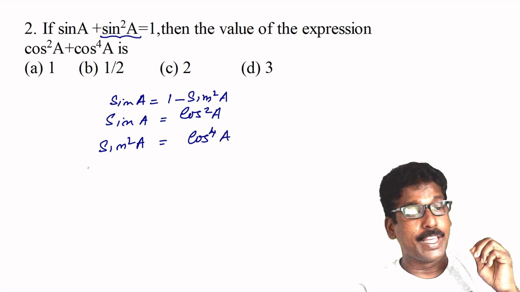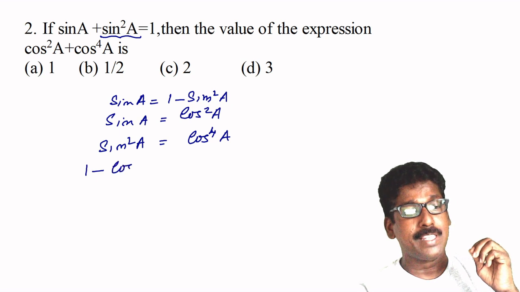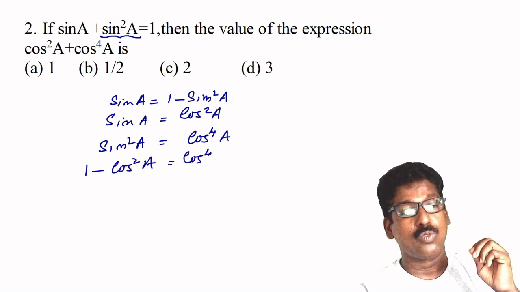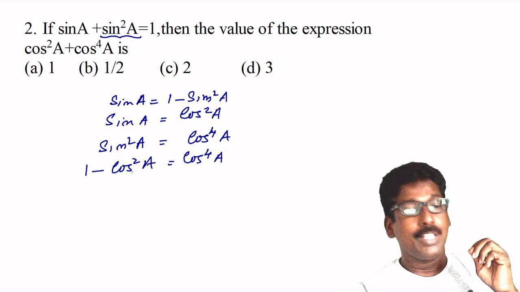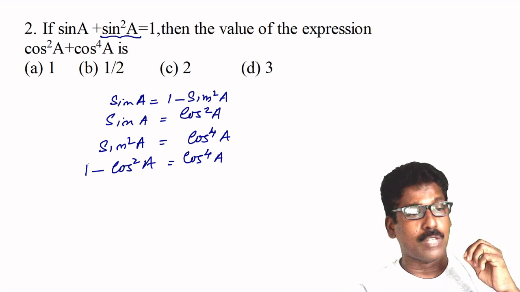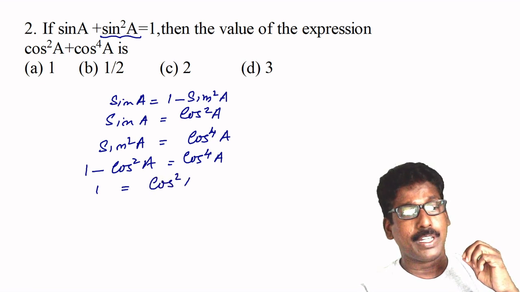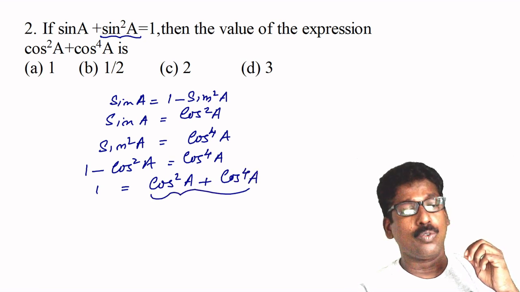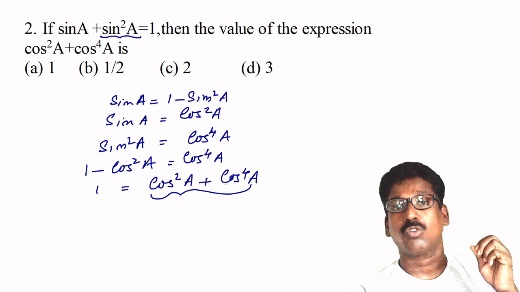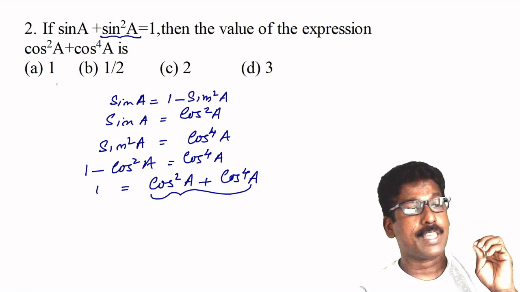And sin square a, again you can write as 1 minus cos square a. It is cos raised to 4a. Now minus cos square a you transpose to the other side, you will get 1 is equal to cos square a plus cos raised to 4a. That is what you want to find out, cos square a plus cos raised to 4a, which is equal to 1.